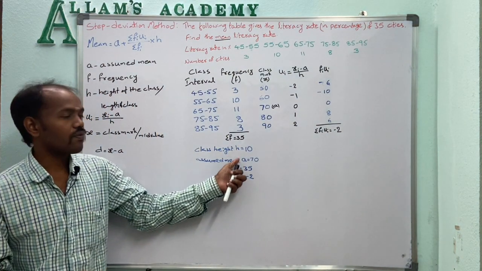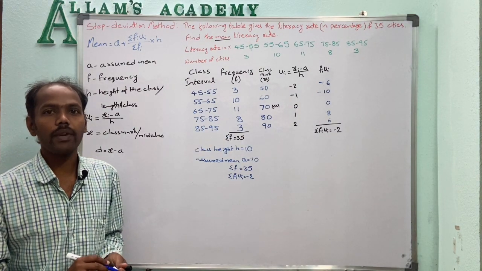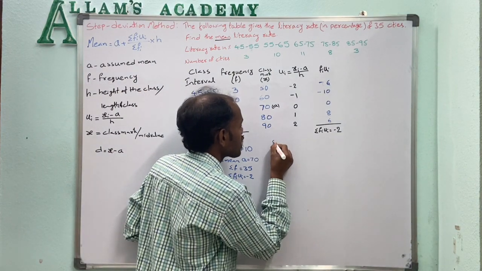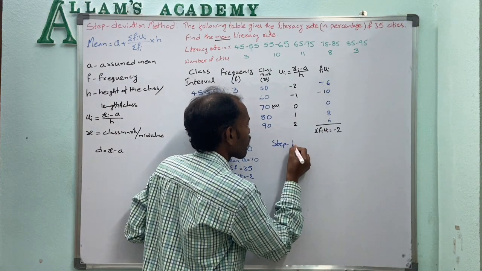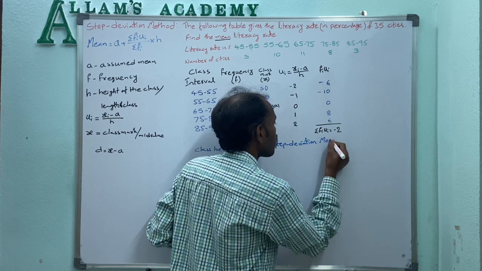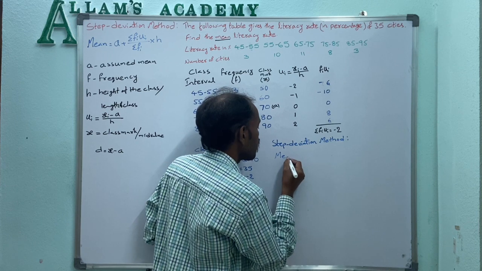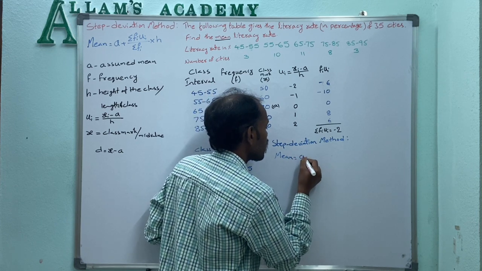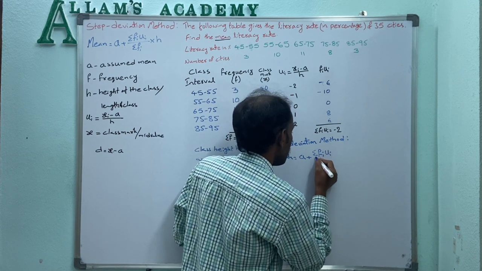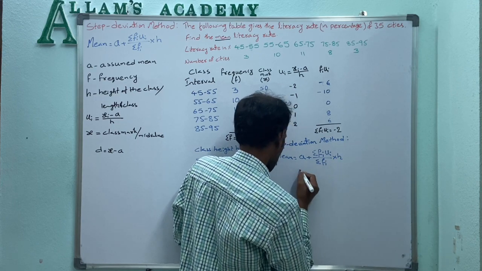Now we substitute these values in the principle of finding the mean through the step deviation method. For finding the mean, the principle is a plus summation fi ui by summation fi, into h.